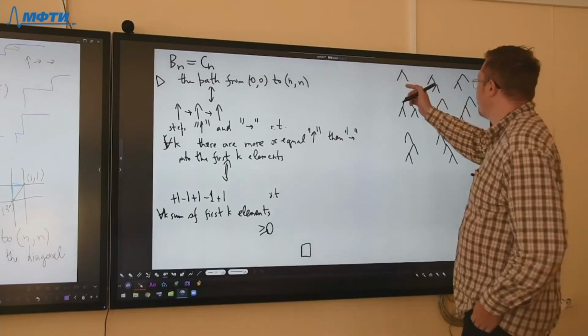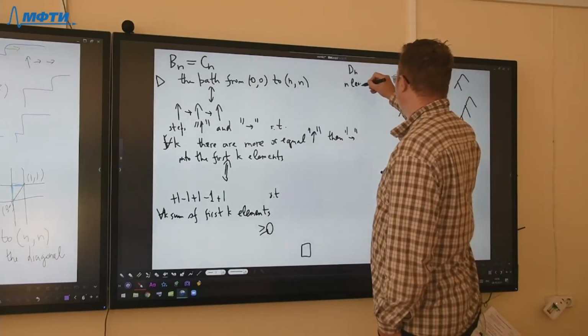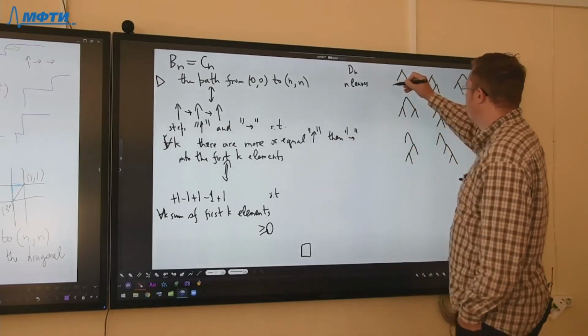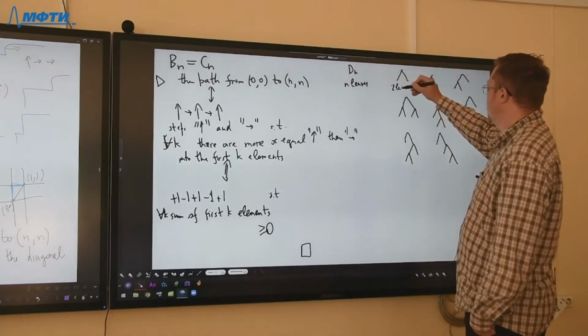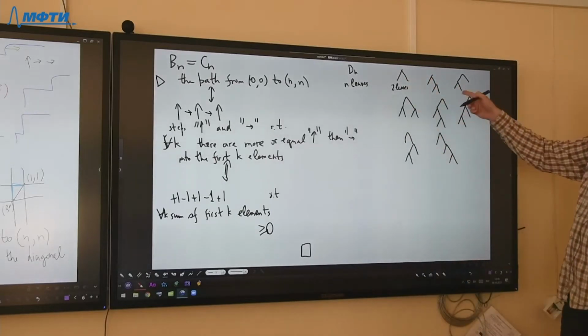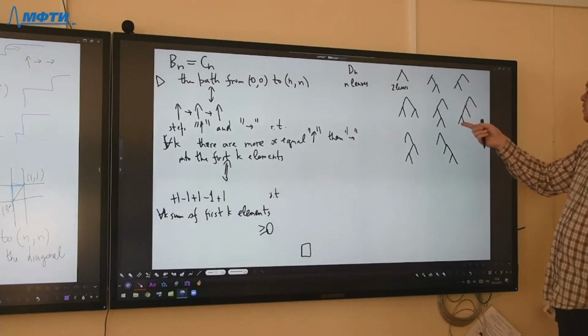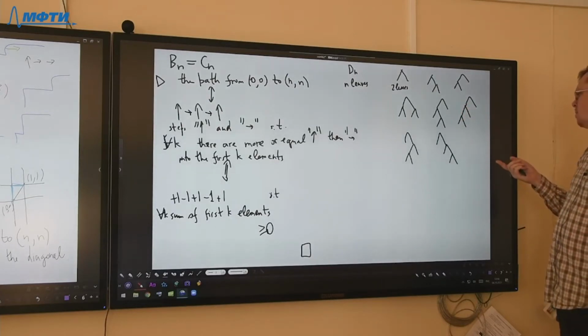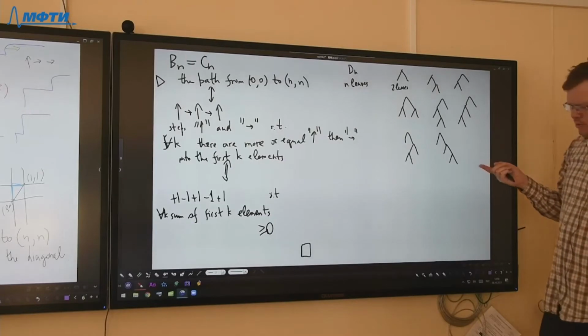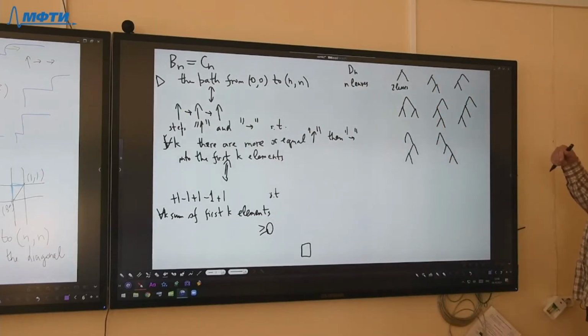I denoted by n the number of binary trees with n leaves, and so here I have 2 leaves, and there will be only one such binary tree. For 3 leaves, there will be 2. But I know I can denote it by the number of vertices. Then I should write more. So if I have for n vertices, I need to provide some calculation.